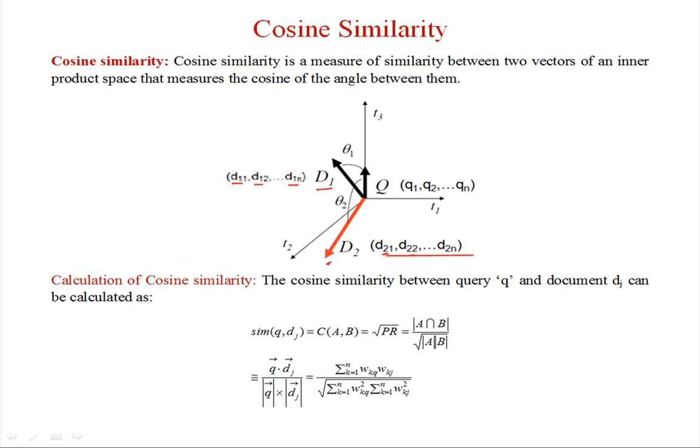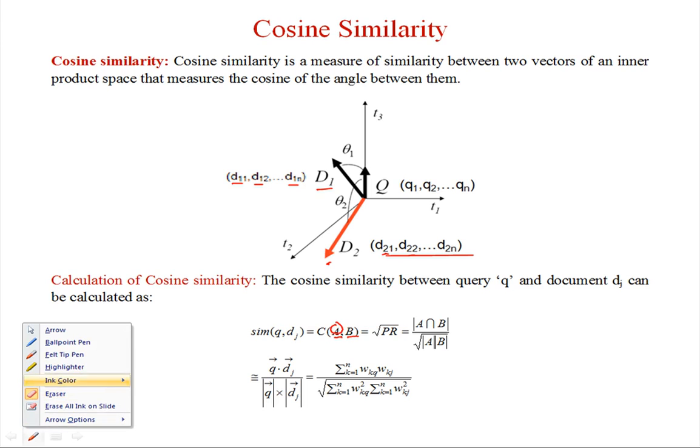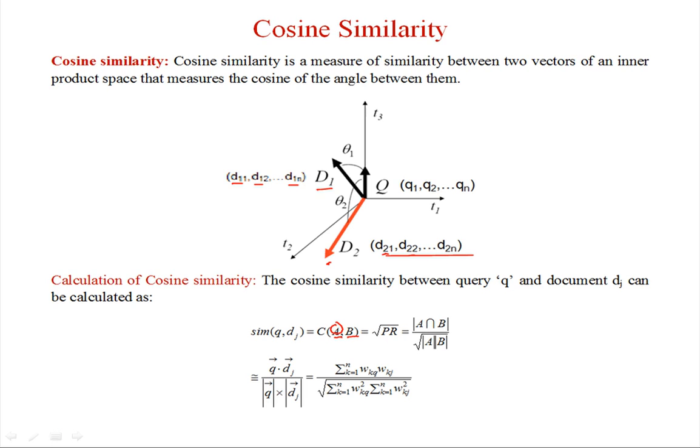Calculating cosine similarity. The cosine similarity between query Q and document Dj can be calculated as similarity of Q and Dj is equal to similarity of A and B, where A is considered as the query term. It will be equivalent to root of precision into recall.